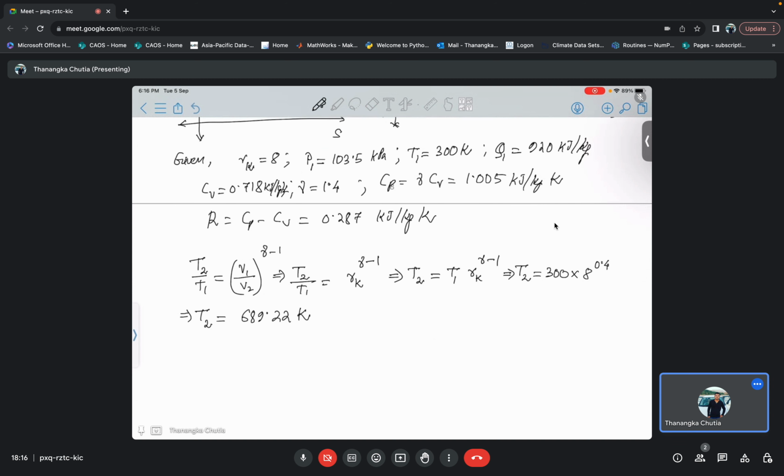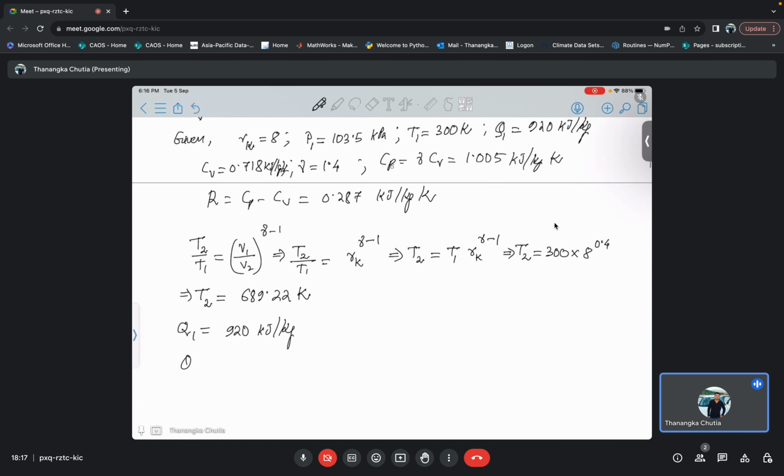Now how to calculate T3? Given Q1 is equal to 920 kilojoule per kg, and also Q1 is equal to Cv times T3 minus T2. Clear? So from here, 920 is equal to 0.718 times T3 minus 689.22.